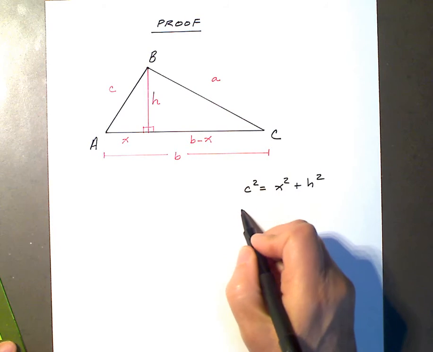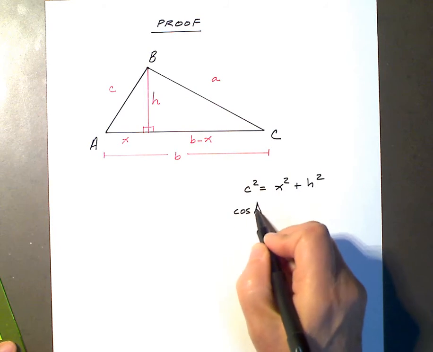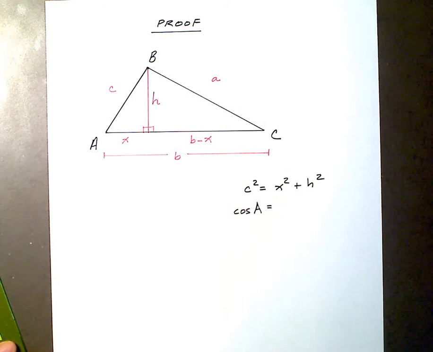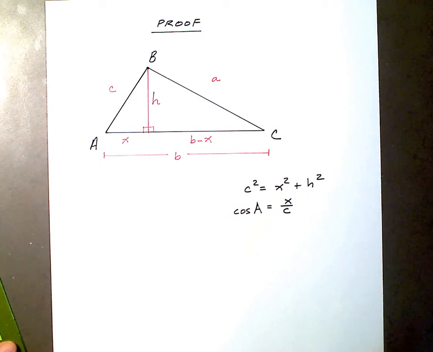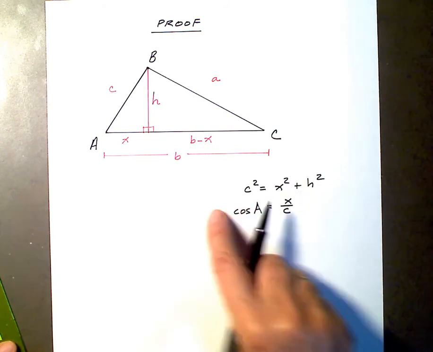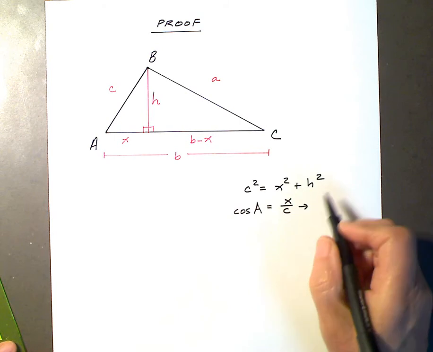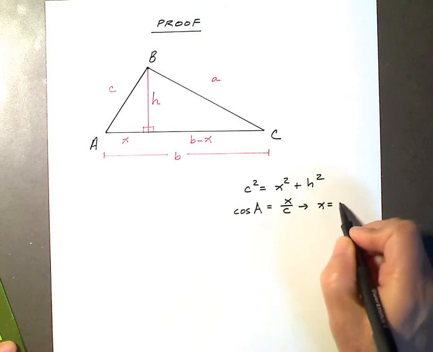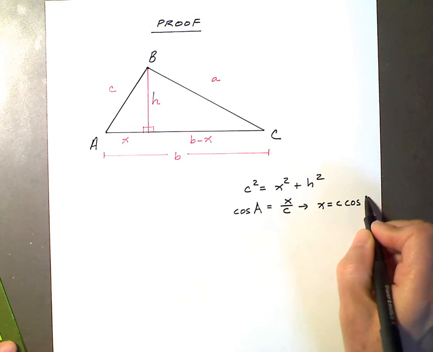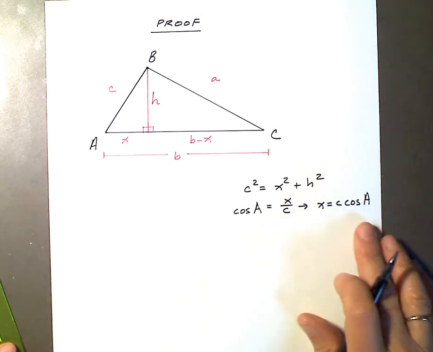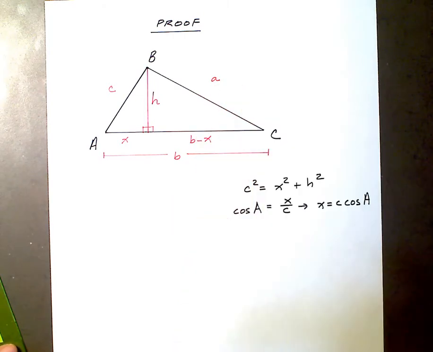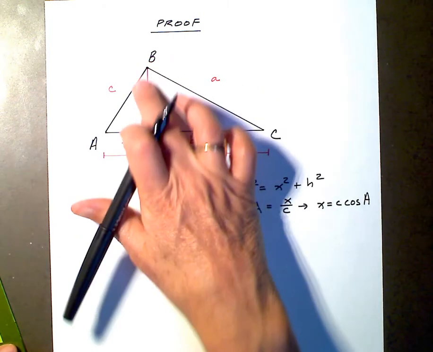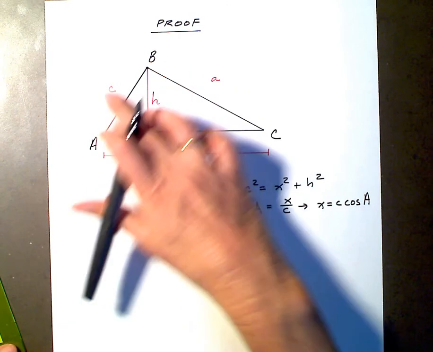So if the cosine of angle A is x over c, and I want to solve that equation for x, I would multiply both sides by c, and that would get me that x is equal to c times the cosine of angle A. Now I'm focusing on angle A because I'm going to find the equation for finding the side opposite angle A, which is side a. So we created this. It's really just triangle ABC right here.